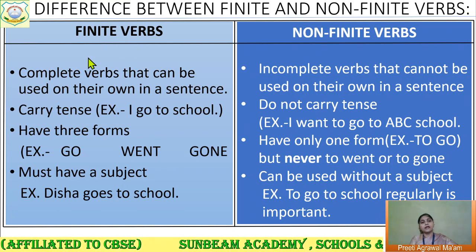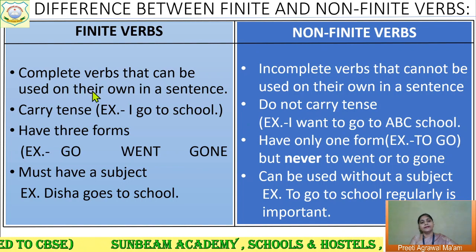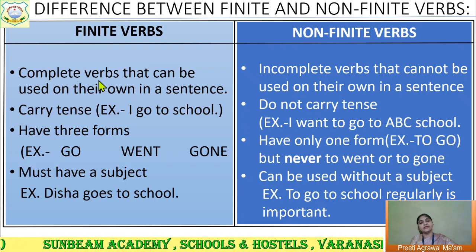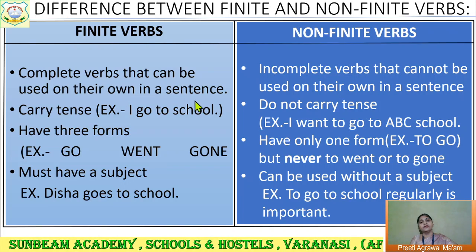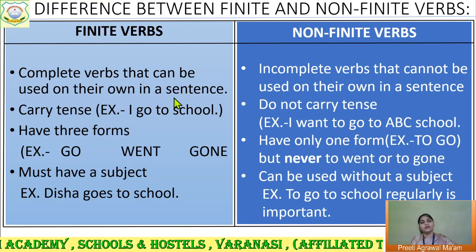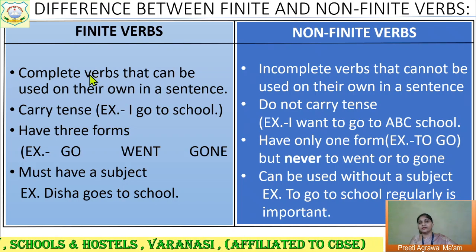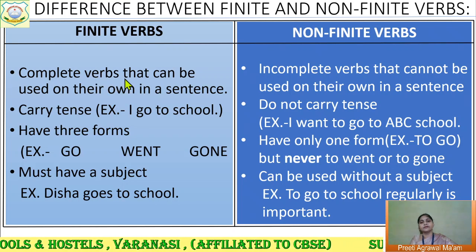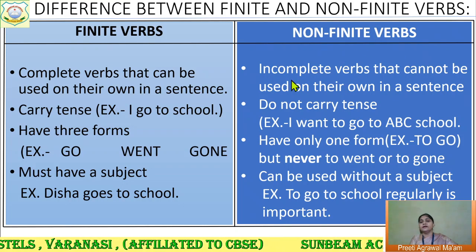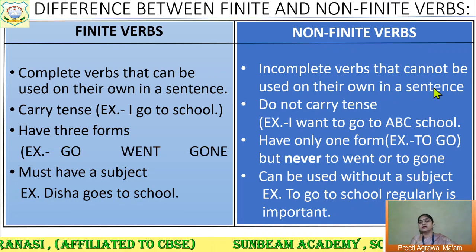Finite verbs are your complete verbs, and they can be used on their own, means they can make their meaning clear in any sentence. Whenever a finite verb is there, you don't use any other verb to make its meaning clear. But whenever non-finite verbs are there, they are your incomplete verbs that cannot be used on their own in a sentence.